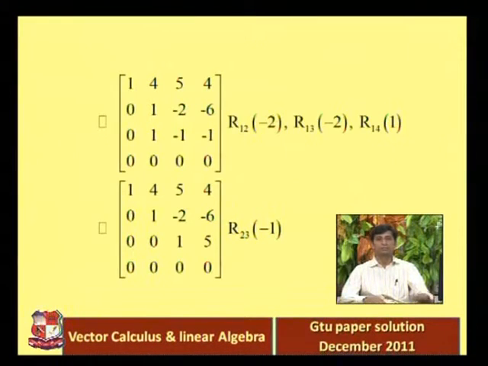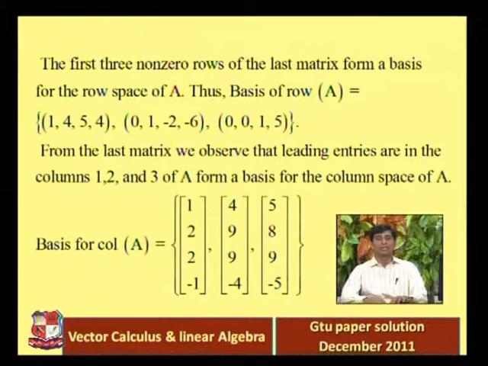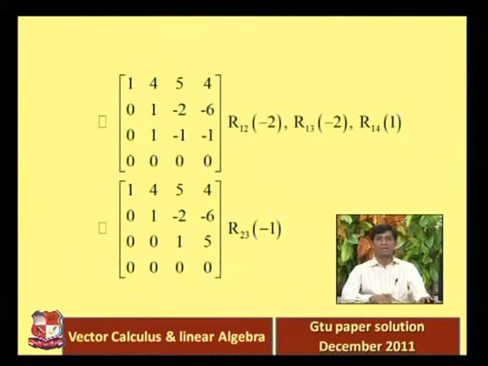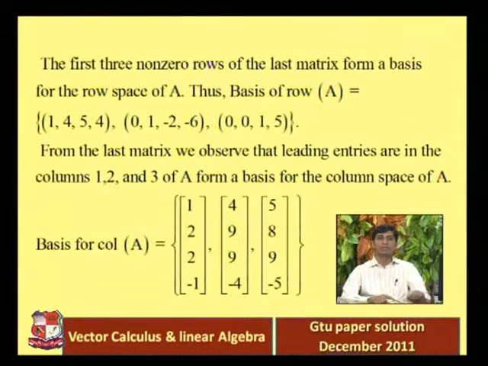So here is the answer. The first 3 non-zero rows of the last matrix form a basis for the row space of A. Thus the basis of the row space of A is 1 4 5 4, the first row, 0 1 -2 -6, the second row, and the third row 0 0 1 5, right?